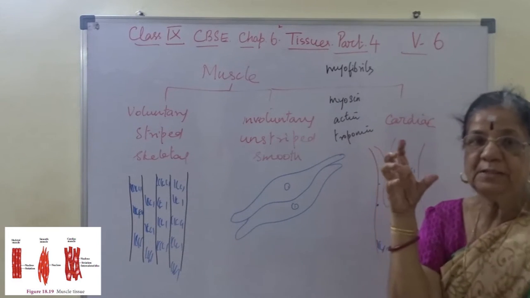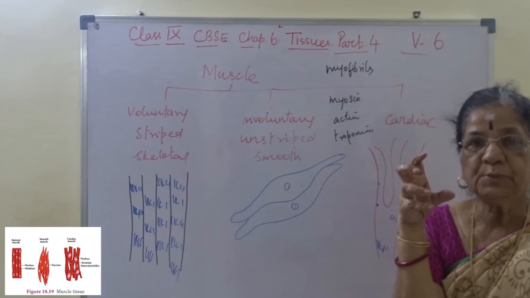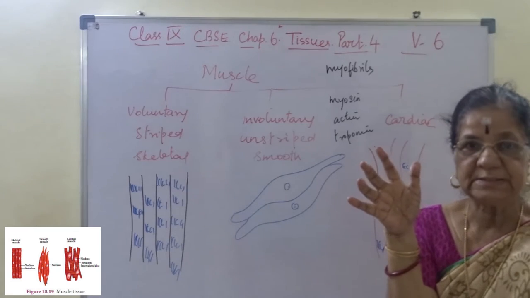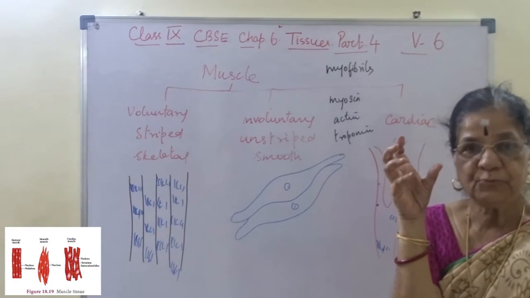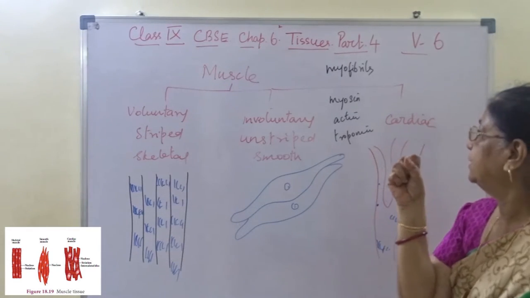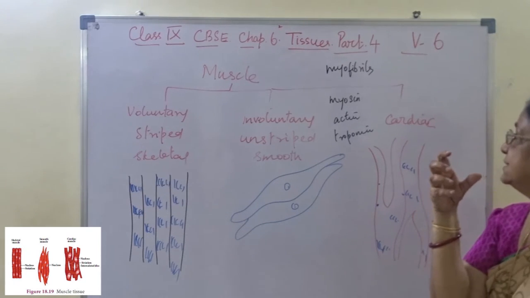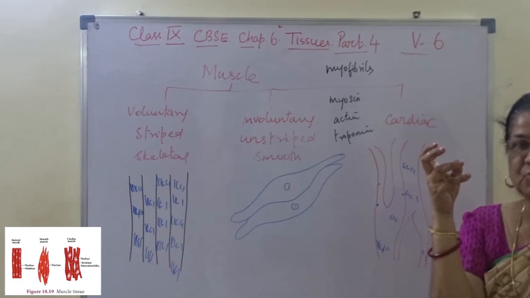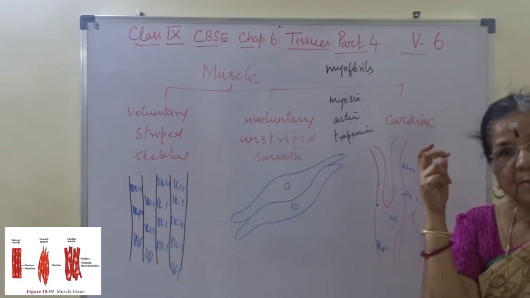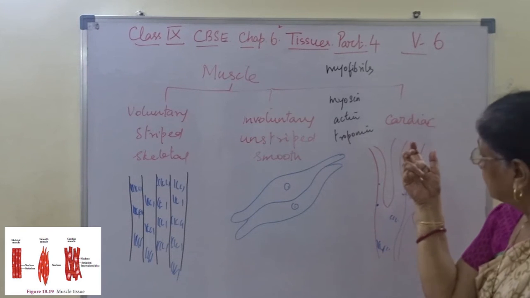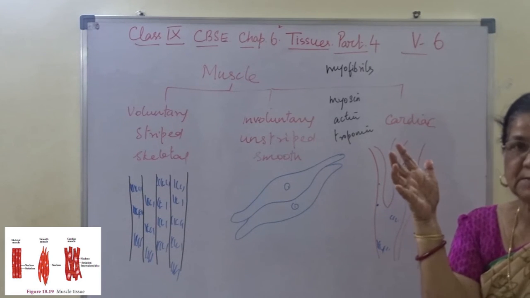Now this muscle is formed of numerous muscle fibers called myofibrils. These myofibrils are formed of muscle proteins such as actin, myosin, troponin and tropomyosin.